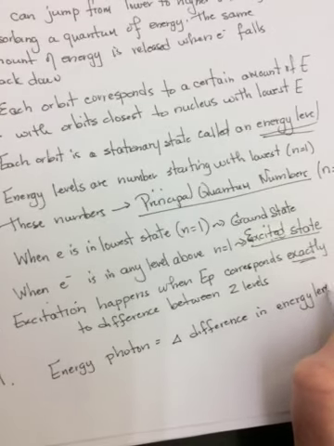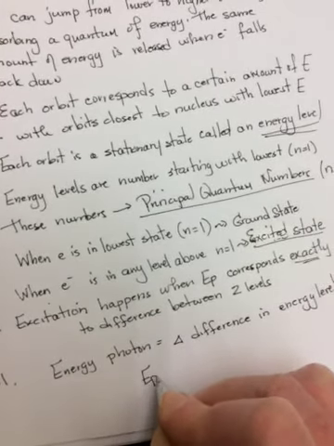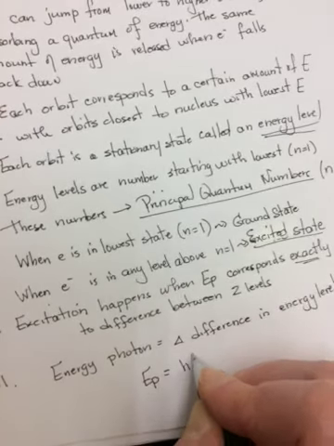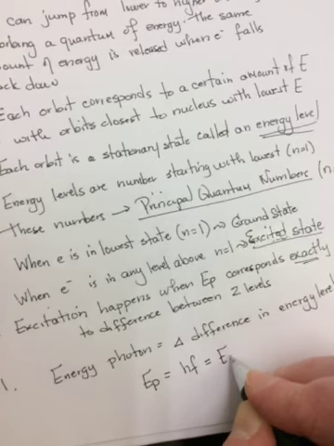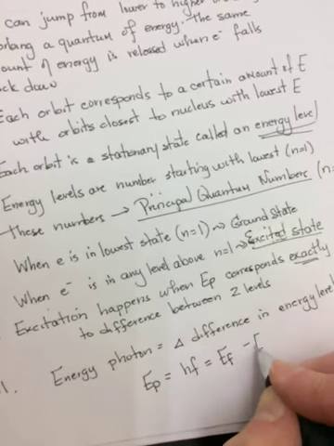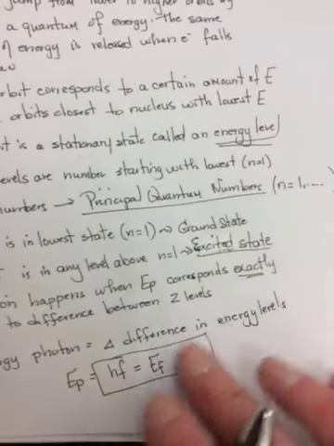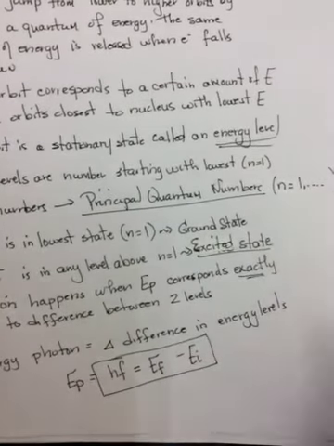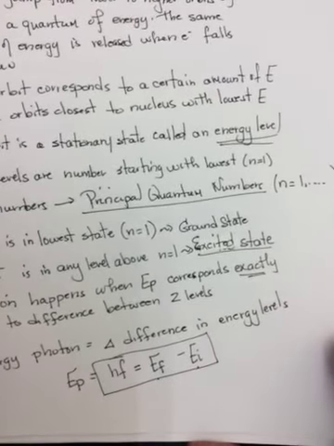So energy of the photon, EP, and we know EP is equal to hf. So hf equals difference, which is always final minus initial. So we usually write it like this, where the final is where the electron ends up, and the initial is where the electron started.